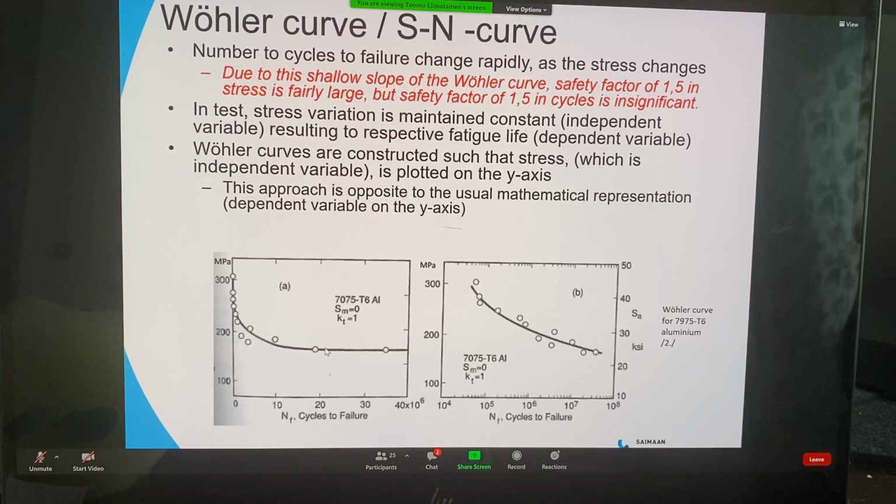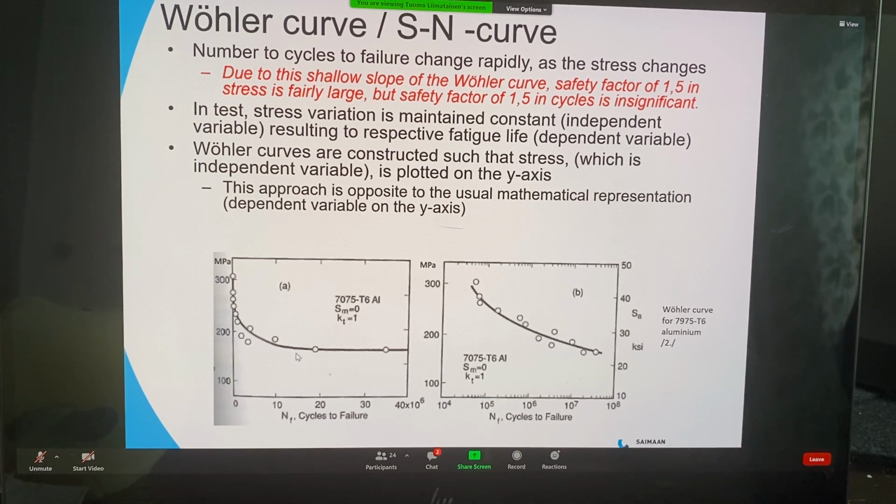Another important factor when it comes to the Wöhler curve is that when you've done your physics laboratories, for example, and you make a graph out of it, you usually do it in a way that the independent variable is on the x-axis, and the dependent variable, which you are measuring, is on the y-axis. So the scattering is in the direction of y. The Wöhler curve goes vice versa.